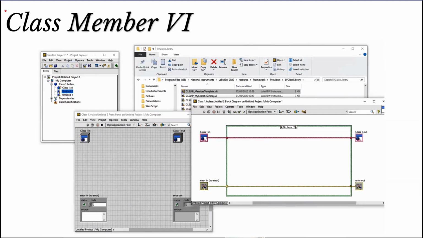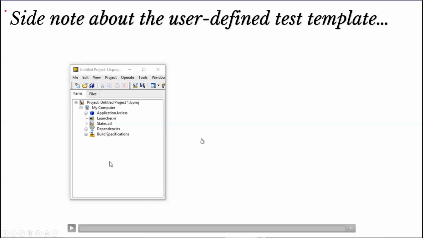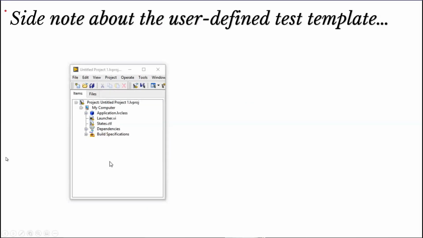But anyway, as I was upgrading to LabVIEW 2020, I realized there's another template that I use fairly often, but I have to change all the time. And that's the user-defined test template as part of the LabVIEW unit test framework.